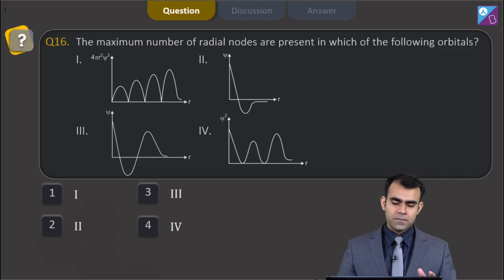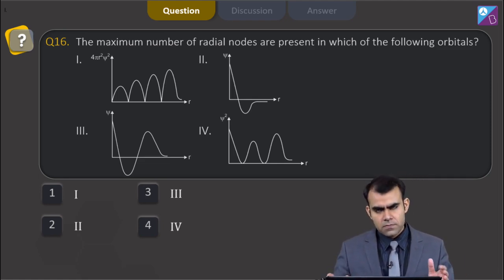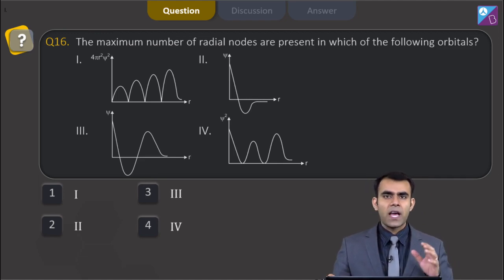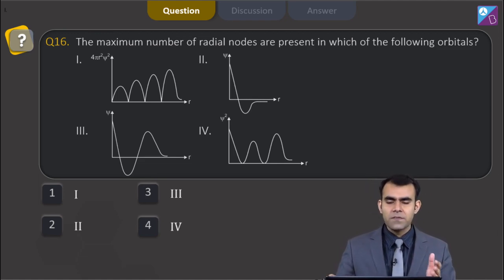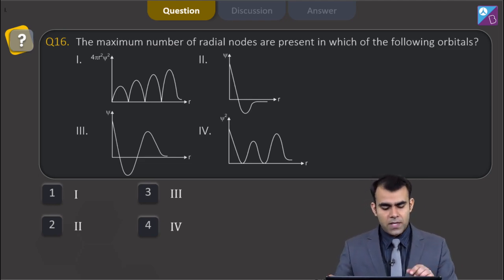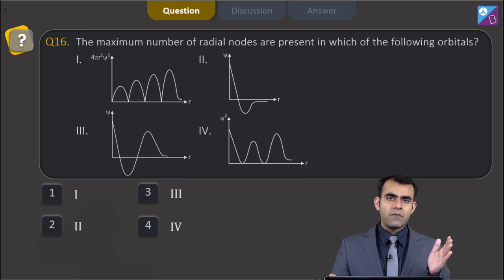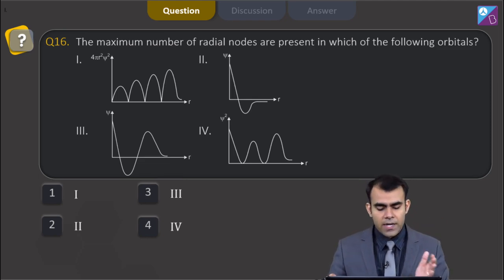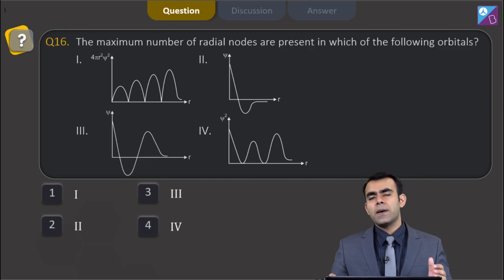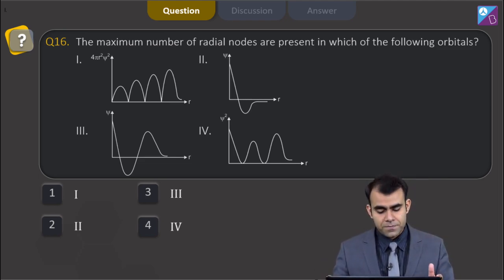Now here you can see we have different y-axes. First we have radial probability distribution curve, second we have psi r versus r curve, then we have again psi r, that is radial wave function versus r curve, and then we have radial probability density versus r curve.